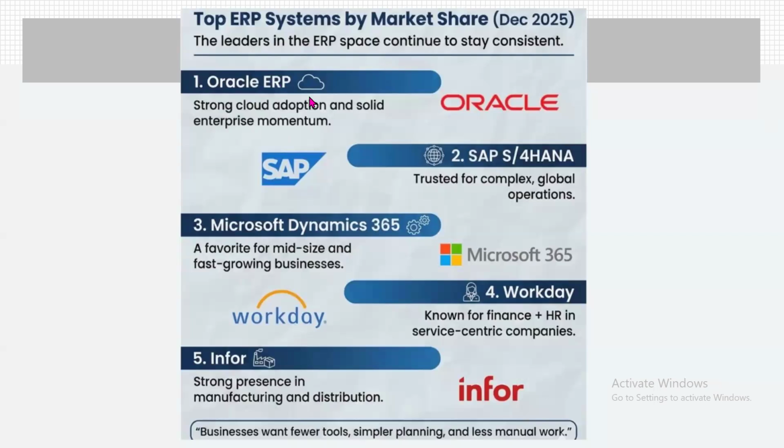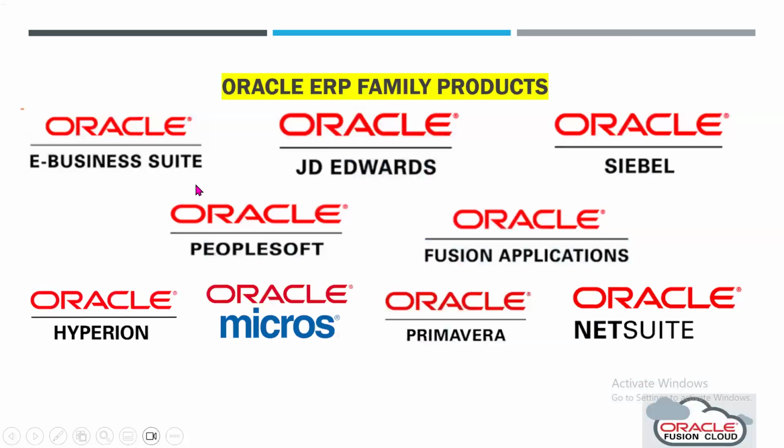Here are the multiple ERP applications. See how the Oracle Fusion application came to the number one position worldwide. So how did it become number one, and what approaches did they follow? Actually, Oracle acquired a lot of applications: JD Edwards, Siebel, PeopleSoft, Hyperion, Micros, NetSuite.